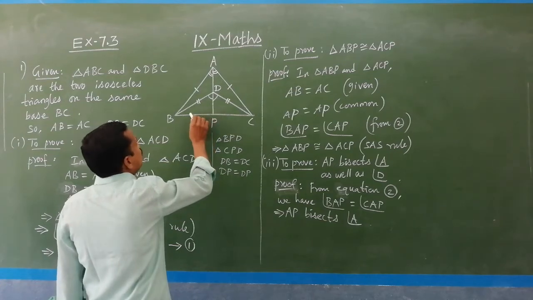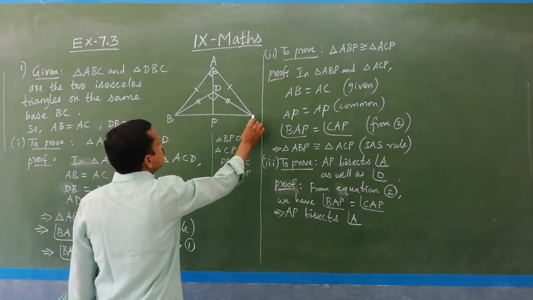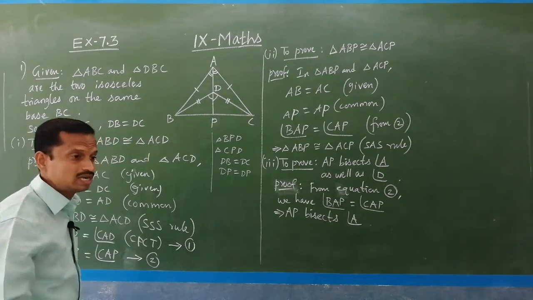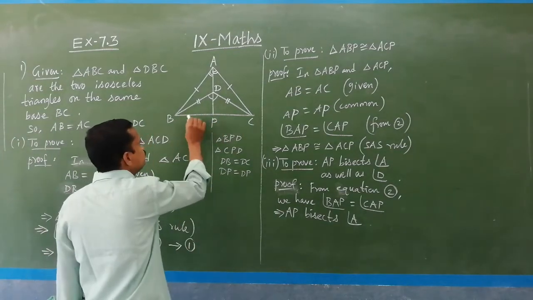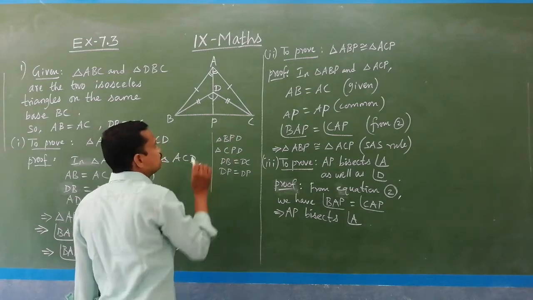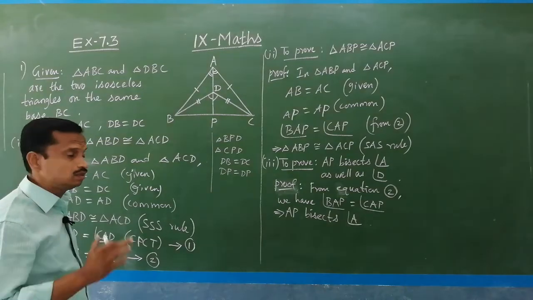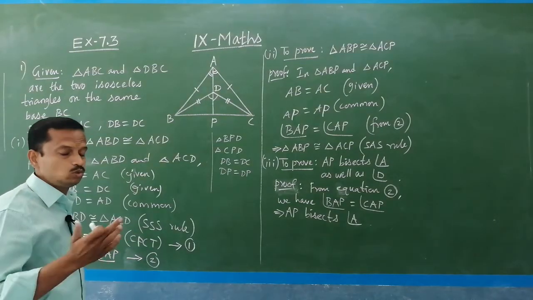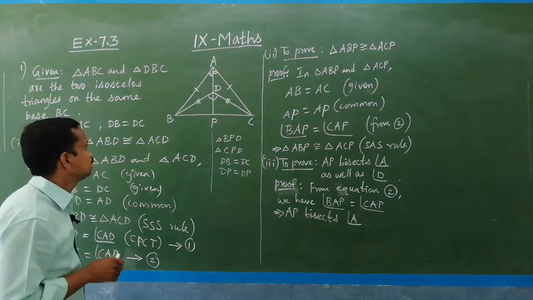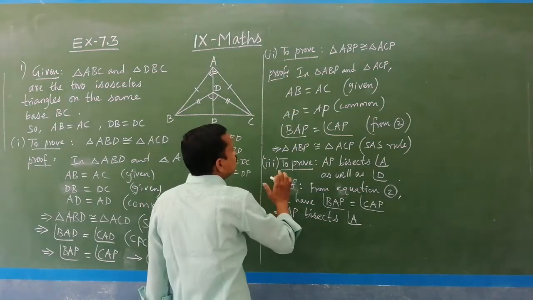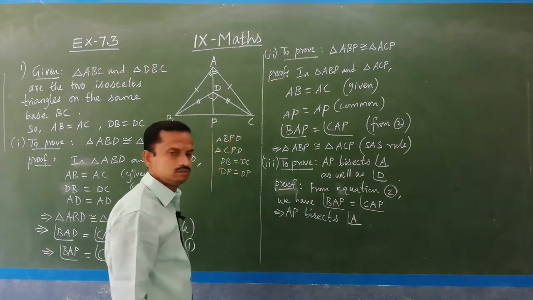And one more thing we have to say. On this side BC, you see BP and PC, we have to try to say another pair of sides, BP and CP, whether they are equal or not. If we can say that, then we can say the two triangles are congruent. For that, we know in part 2, option 2, these two triangles are congruent, am I right?